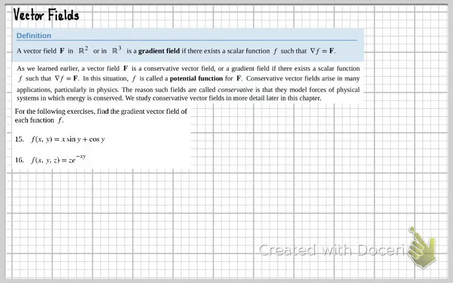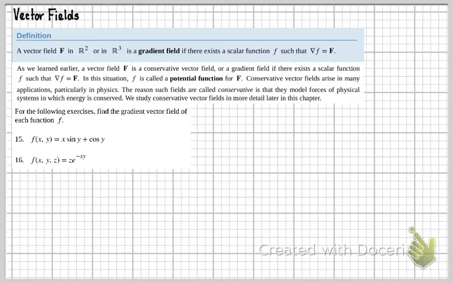As we have learned earlier, a vector field F is a conservative vector field or a gradient field if there exists a scalar function f such that the gradient of f equals F. So we can say it's conservative if it's a gradient field, which means there's an f such that the gradient of f equals F. And in this situation, f is called a potential function of the vector field F.